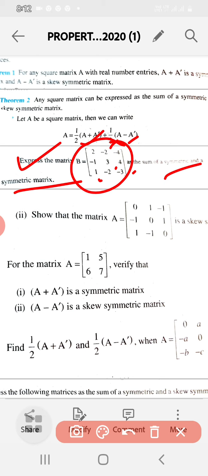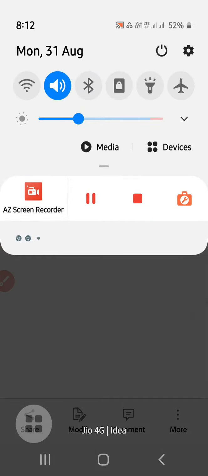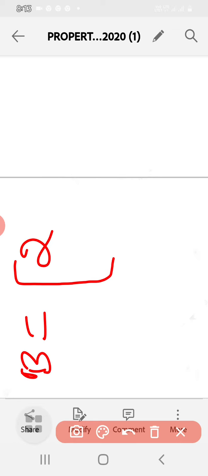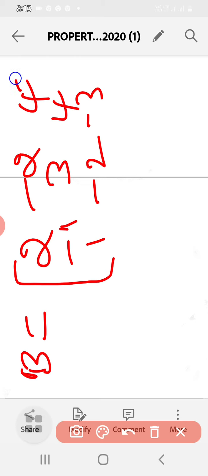So let us consider this matrix. So matrix is given as, that is B is given as, so I will write the matrix that is given in the problem. 2 minus 2 4 minus 1 3 4 1 minus 2 minus 3. So we have to write this matrix as a sum of symmetric and skew symmetric matrix.